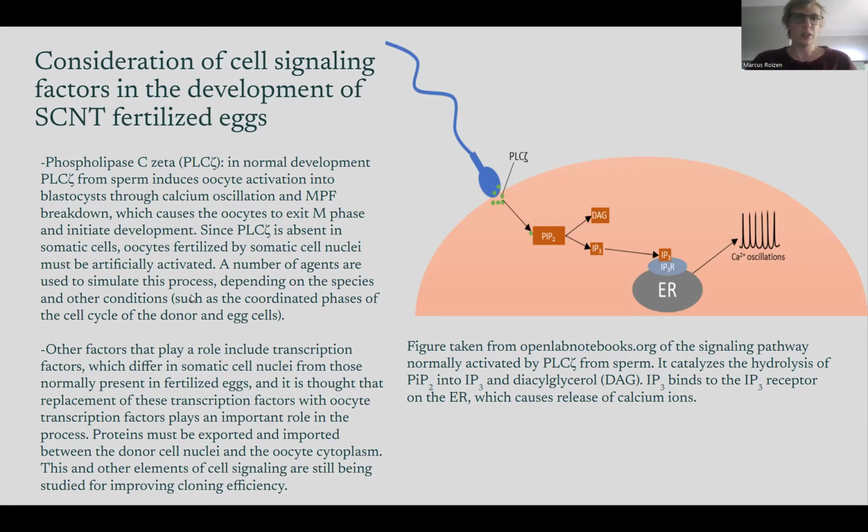And other conditions such as coordinated phases of the cell cycle for the donor cells and egg cells, because presence of things like MPF matters in what needs to be done to activate these early embryos. And other factors involving cell signaling that seem to play a role involve transcription factors, which is still being investigated.